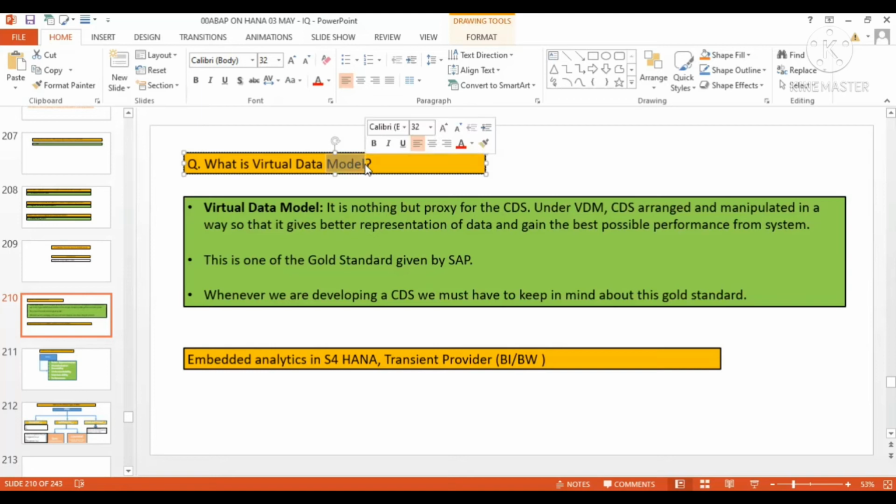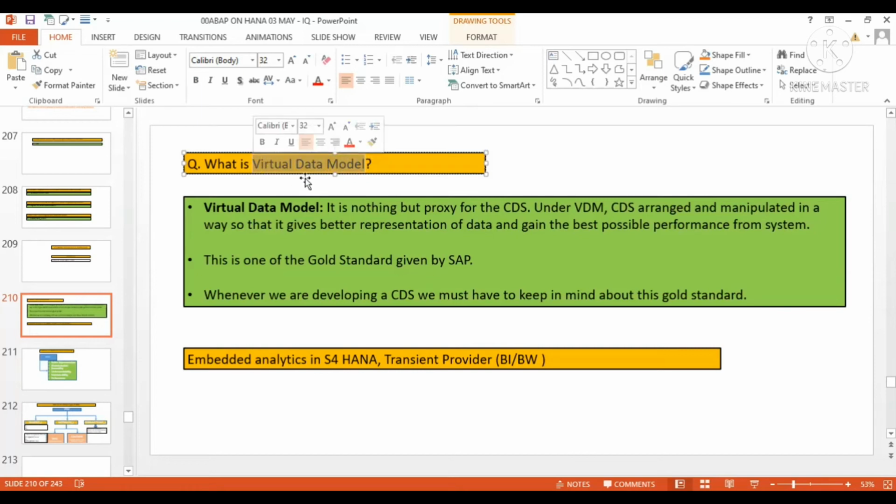Model is the representation of data. One which does not exist is going to represent the data, right? One which does not exist is going to represent the raw data. That's the virtual data model.